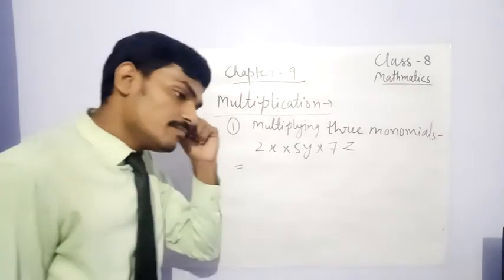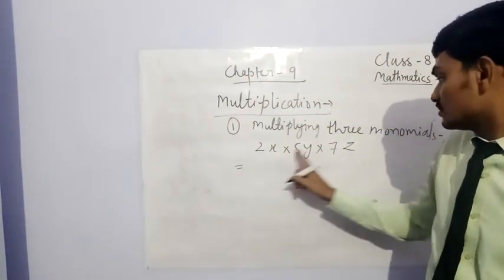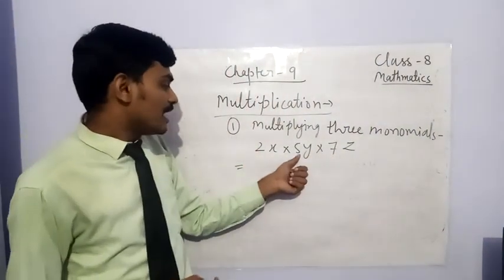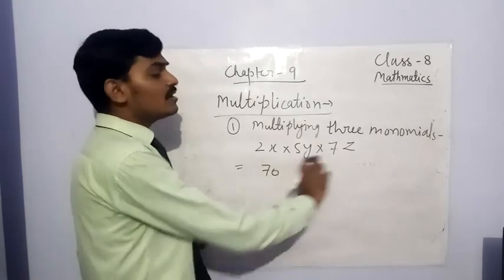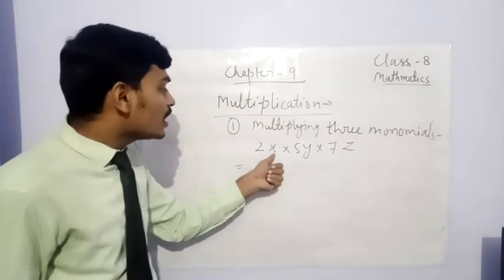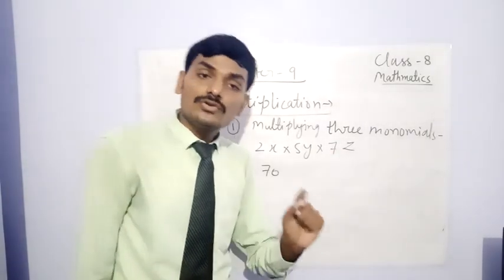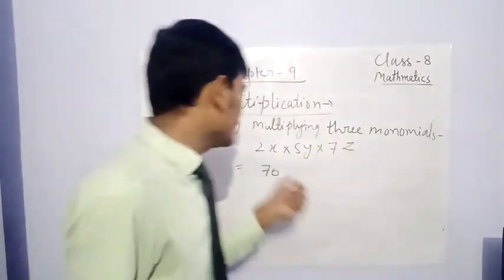So the concept is the same, you have to multiply the coefficients. So here the coefficients are 2, 5, 7. 5 2s are 10, 10 7s are 70. Now multiply the bases. So in all the monomials, the base is different. So you will not add the powers because the base is different.